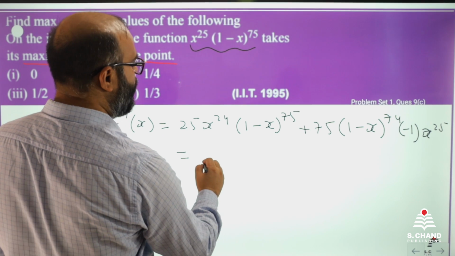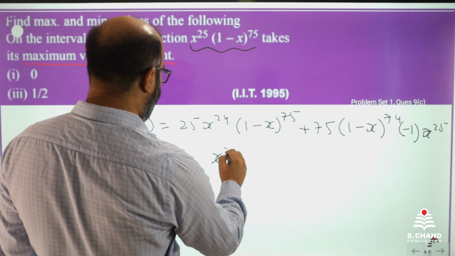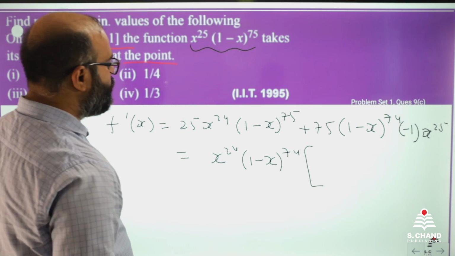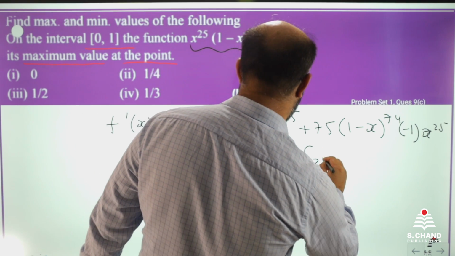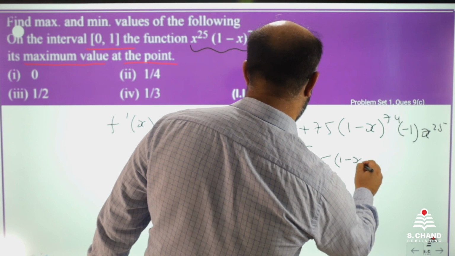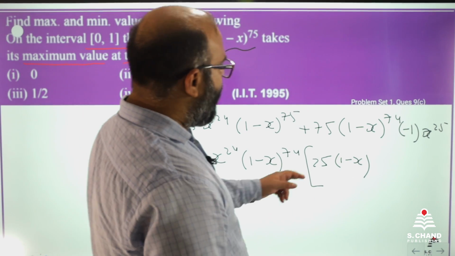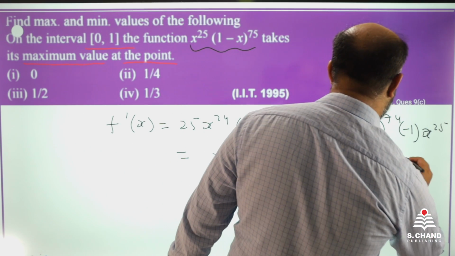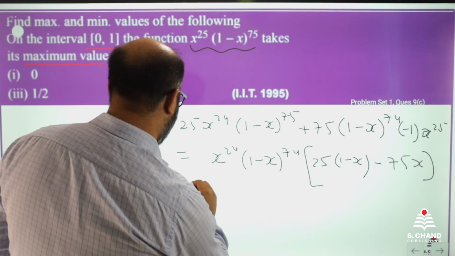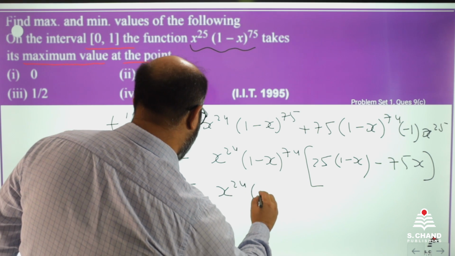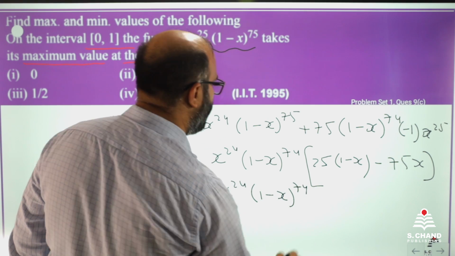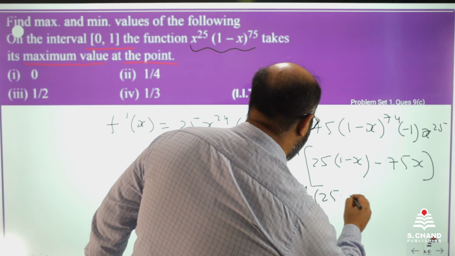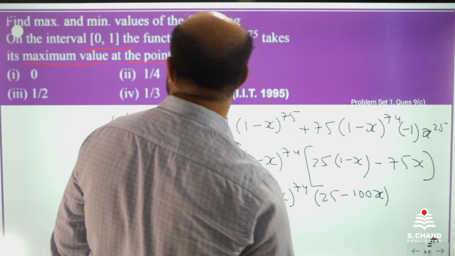So you will get x to the power 24 into 1 minus x to the power 74, and you will get 25 into 1 minus x, and then we have minus 75x. So you will get x to the power 24 into 1 minus x to the power 74, and this will become 25 minus 100x. So this is what you are getting here.